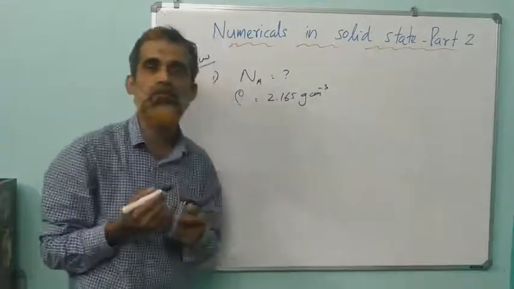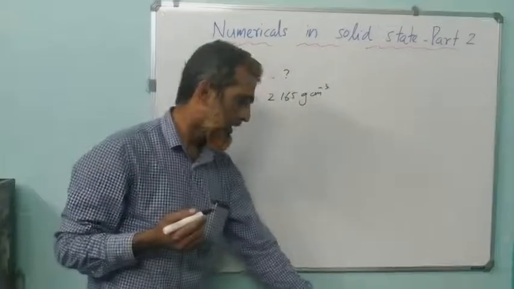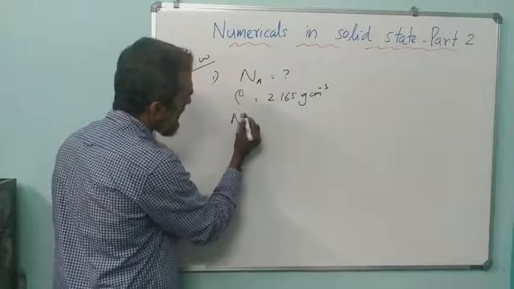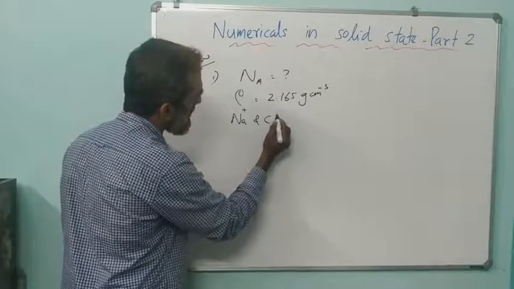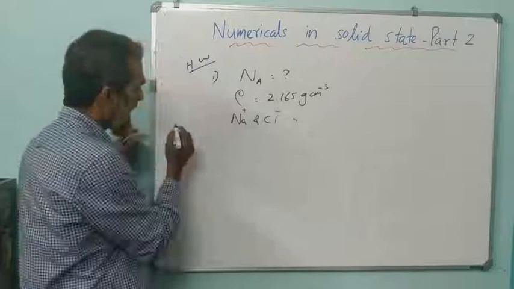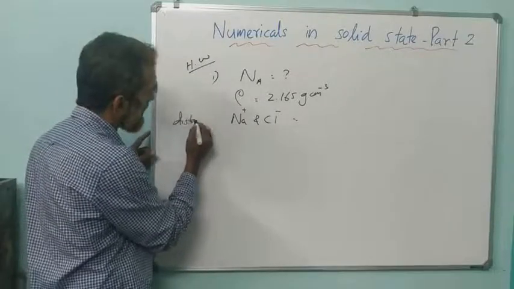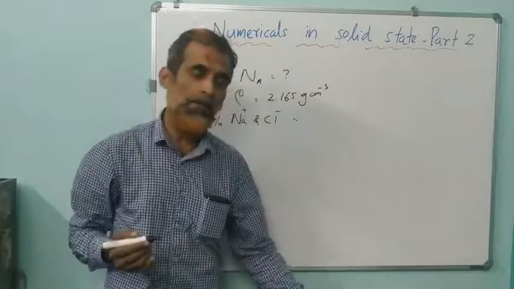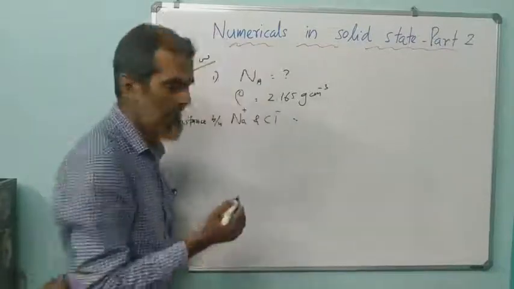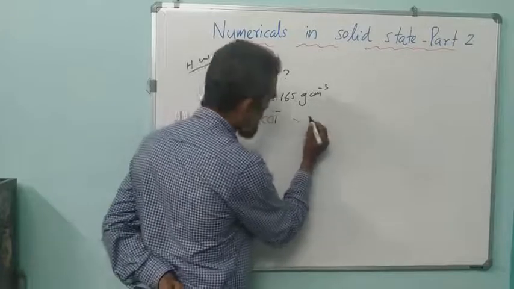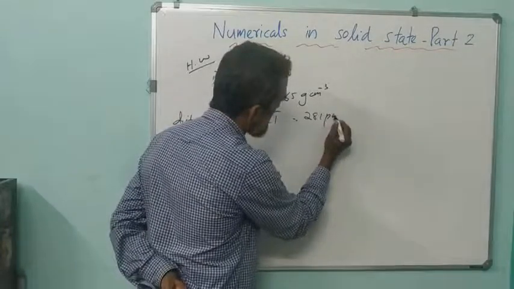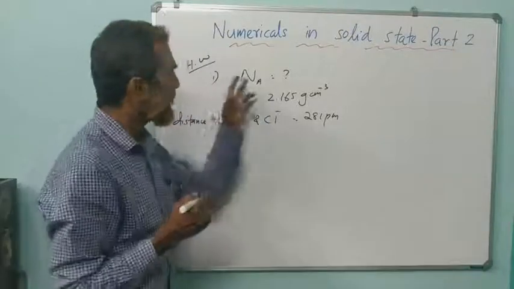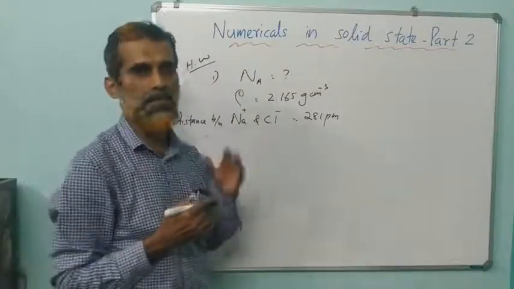Then the distance between Na plus and Cl minus ion in the crystal is given as 281 picometer. We have to calculate the Avogadro number using the data.